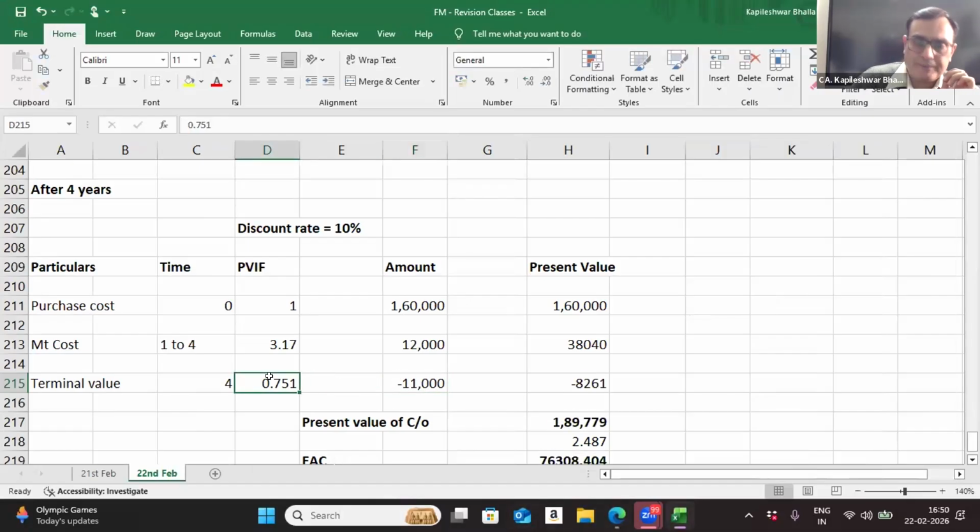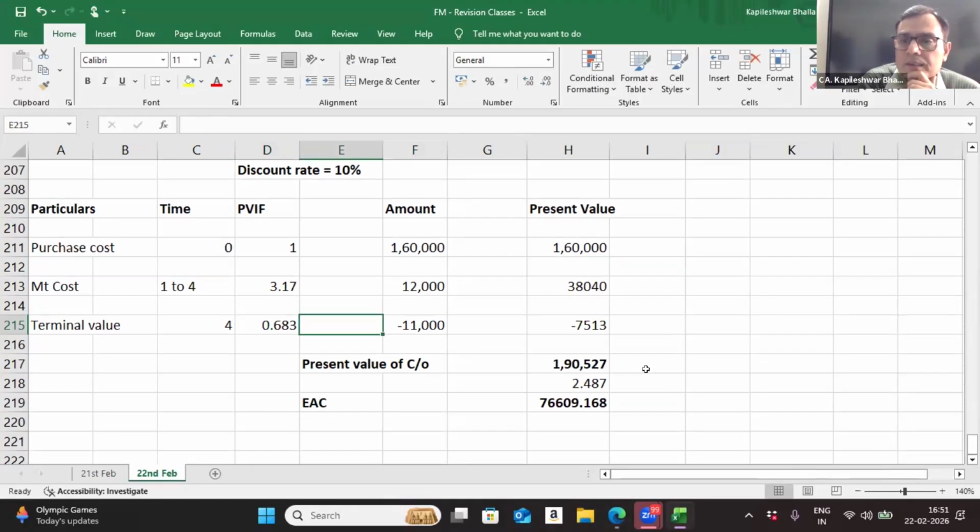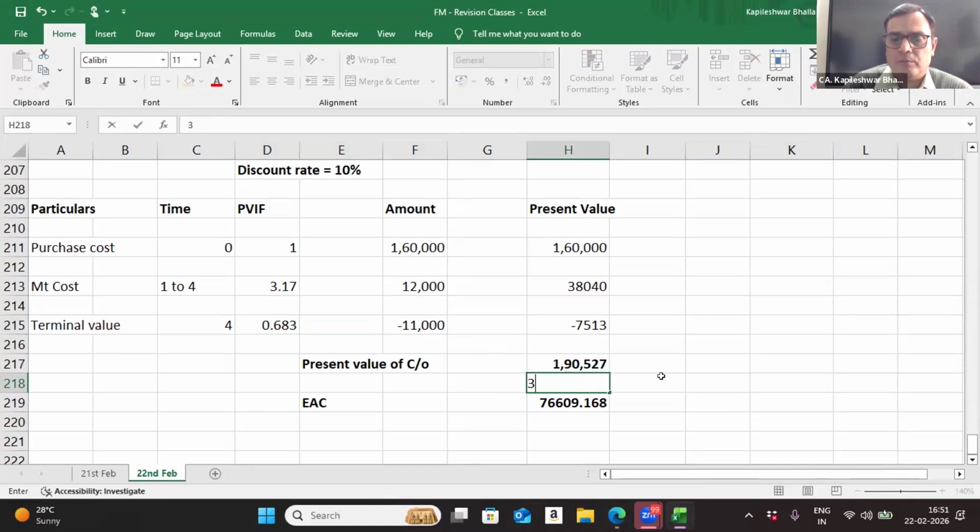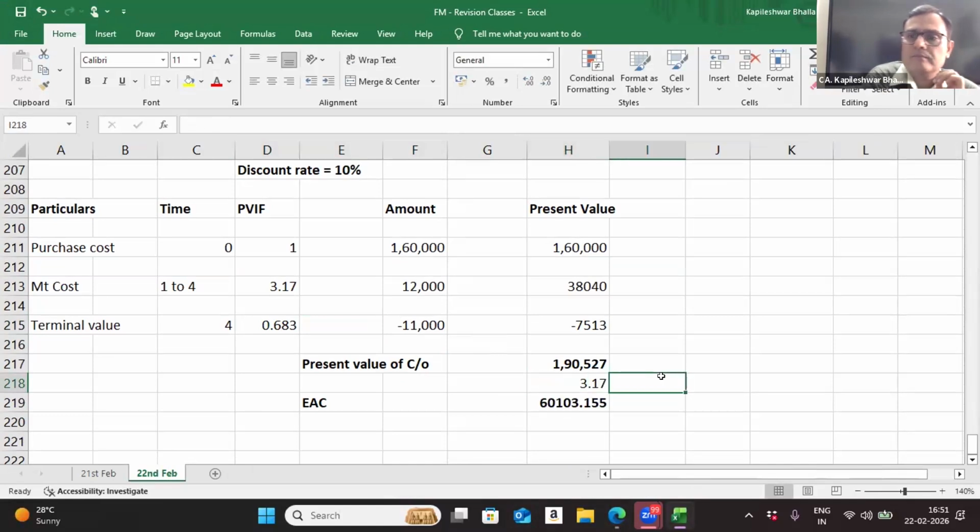And let's get the factor: 0.683. So I think this is done. Anything else we've left out, or is this correct? Just the P factor needs to be changed. So this is going to be 3.17. Okay, so I think this is done.